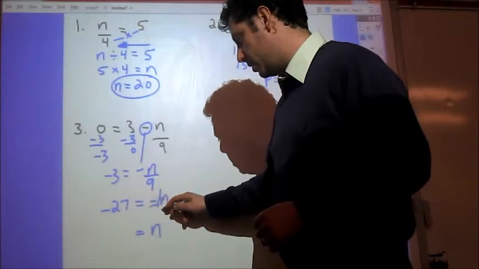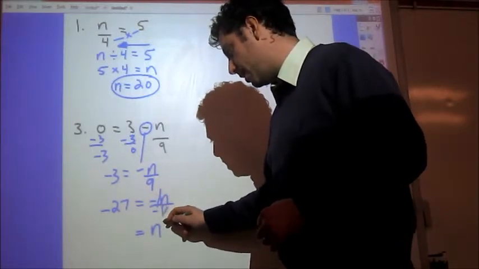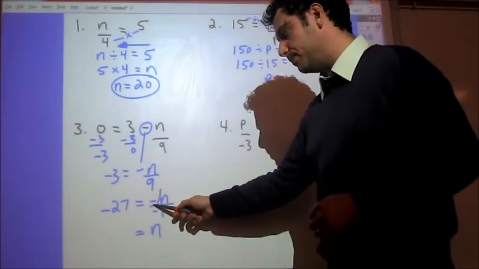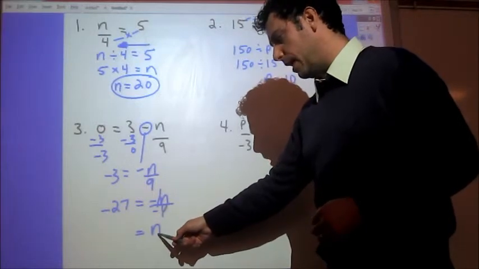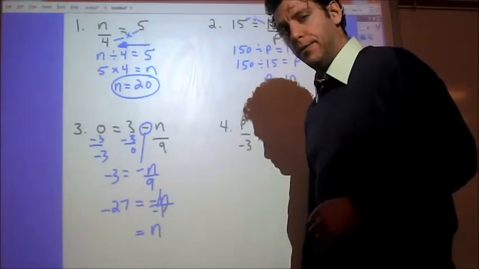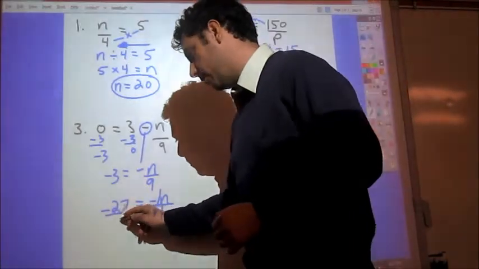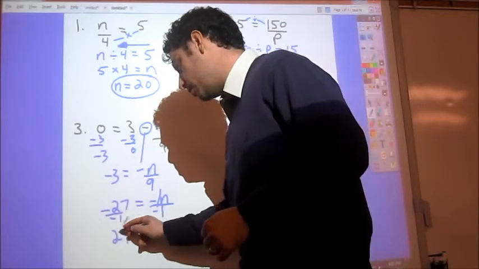And if that's the case, in order to get rid of it, you have to divide by the coefficient, which in this case is negative 1. So we'll be dividing by negative 1 to be left over with n. And remember, what we do to one side, we have to do to the other. So divide by negative 1, and we'll have 27 on this side.